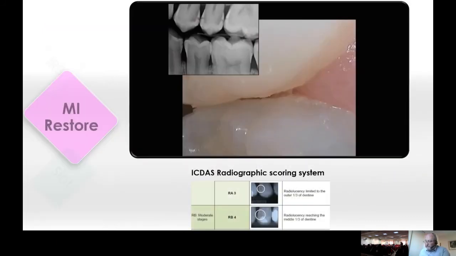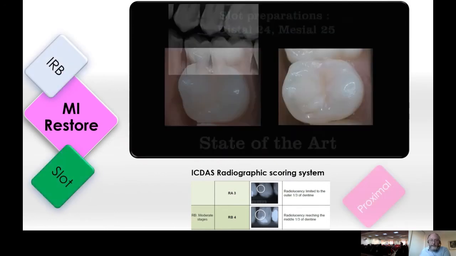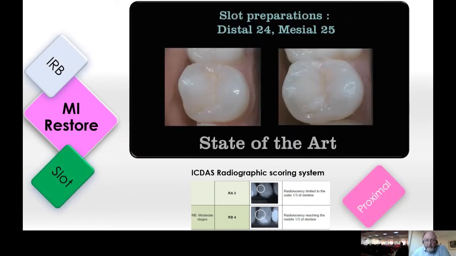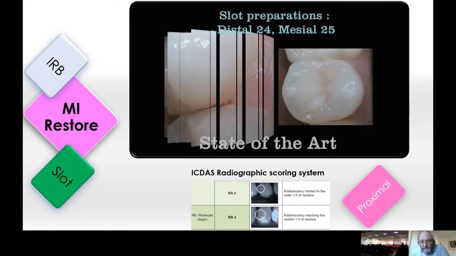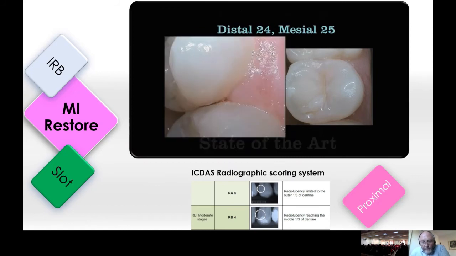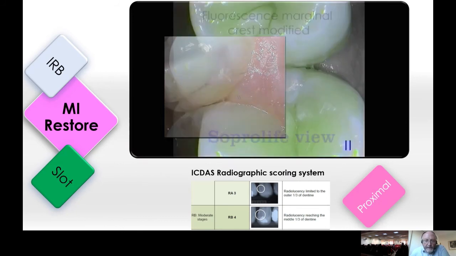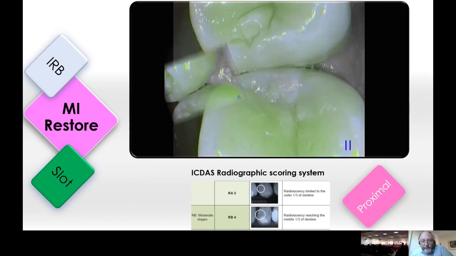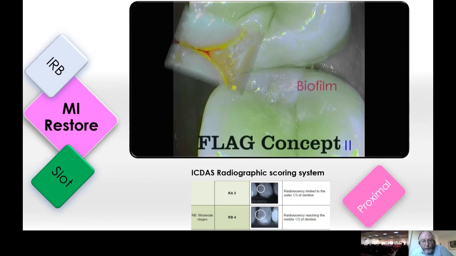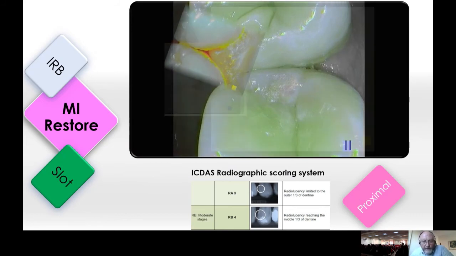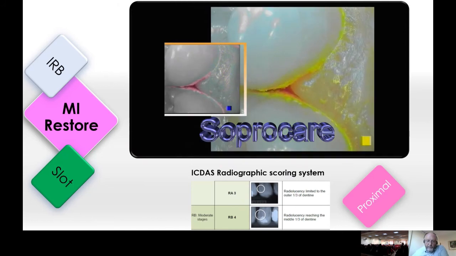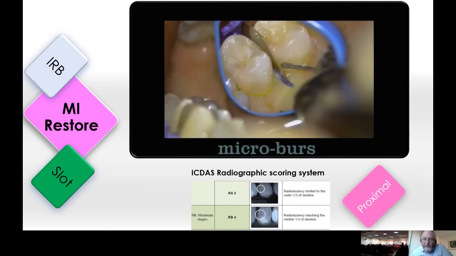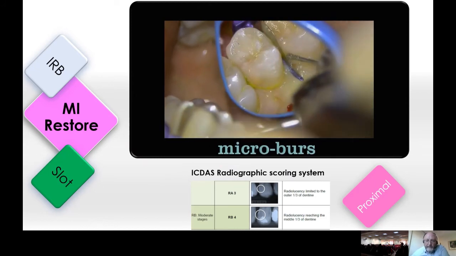So let's see the video. All together, you have a very small caries in this proximal area. We have to disclose and see the amount of biofilm, and so we combine a fluorescent dye and fluorescence signal, and you can see the information given by the disclosing biofilm, now visible.